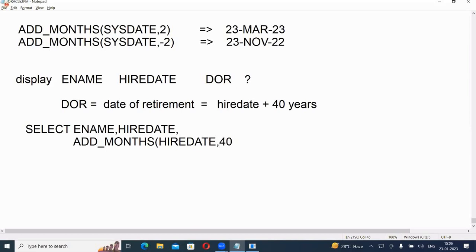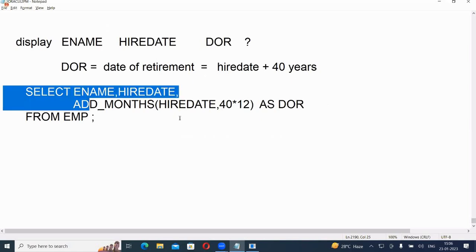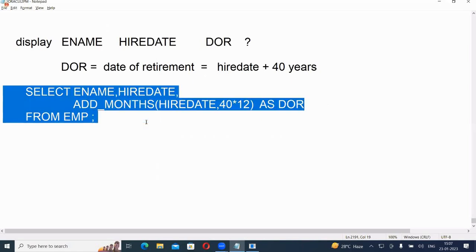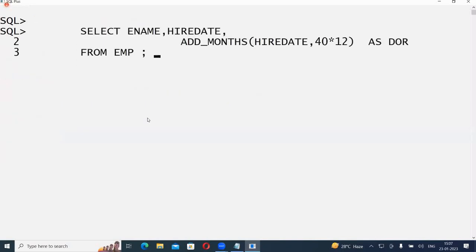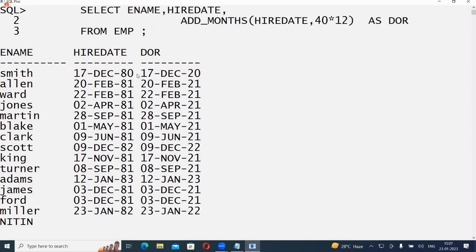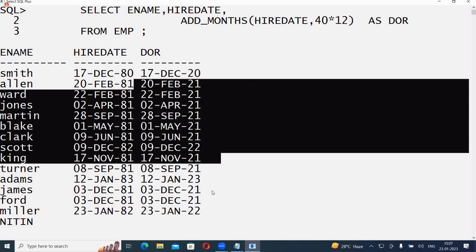But 40 is years, convert into months, 40 into 12, as DOR from EMP. So this query will show each and every employee's retirement date. What is the retirement date? 17th December 20. All are retired.